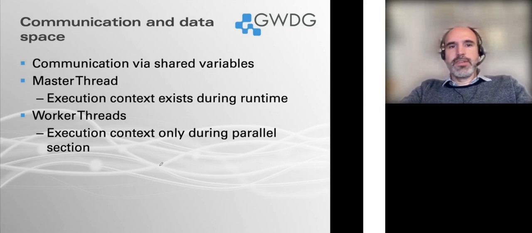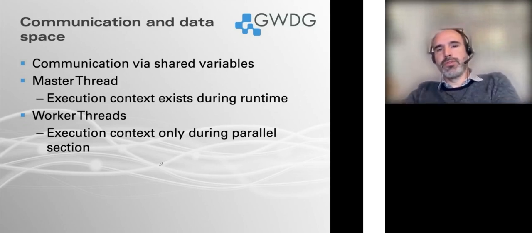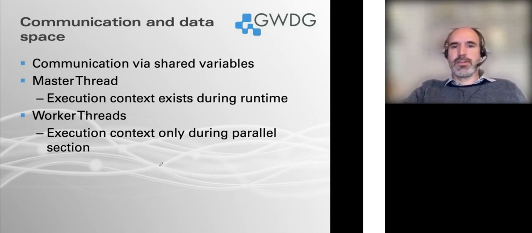In OpenMP, the communication is mostly done via shared variables. If you want to communicate information from one thread to another, you have to use a shared variable which is seen by all the threads. One thread stores a number in a variable which is then later read by another thread. That would be the way you communicate in OpenMP.